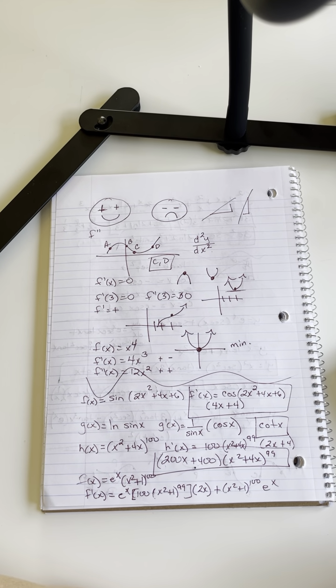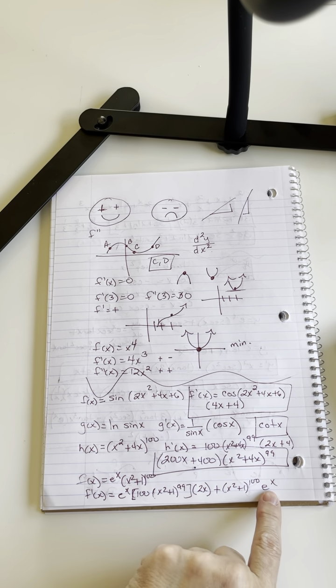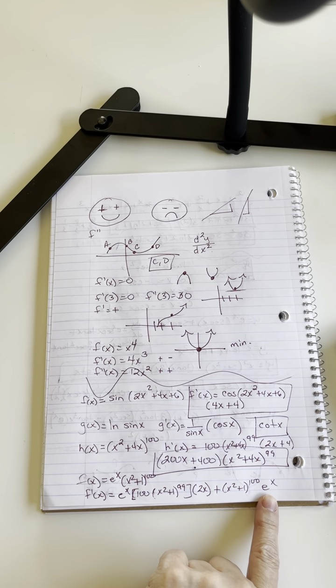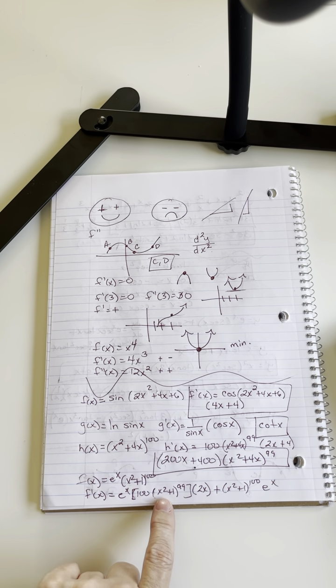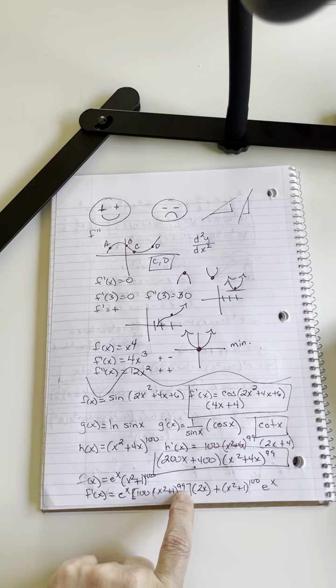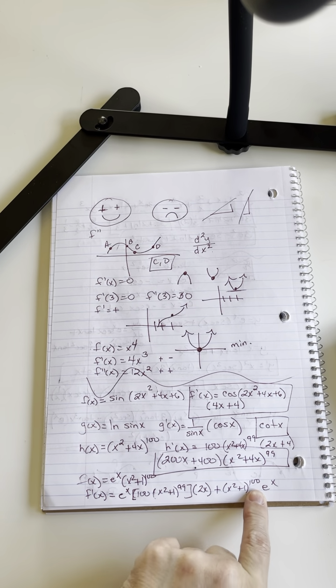But some people prefer to have the answer in factored format. So they're saying what I can pull out from both is an e to the x. I can also pull out an x squared plus 1 to the 99th, even though this one is to the 100th power.